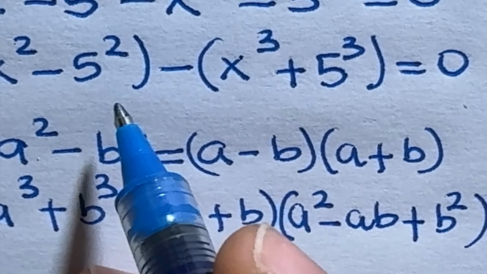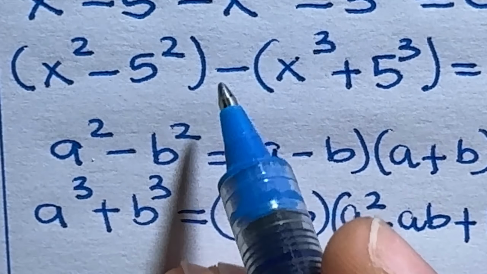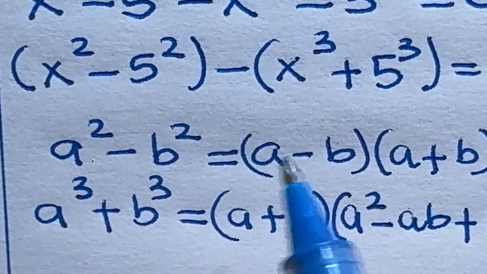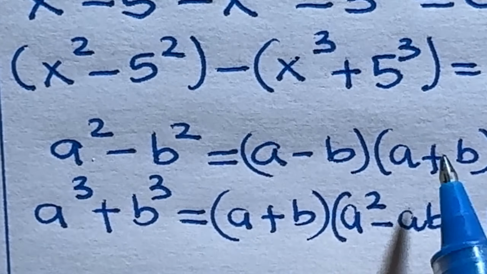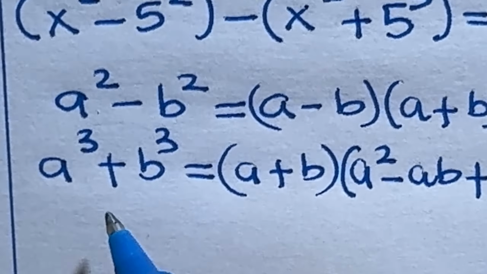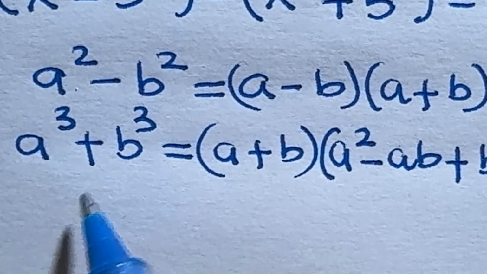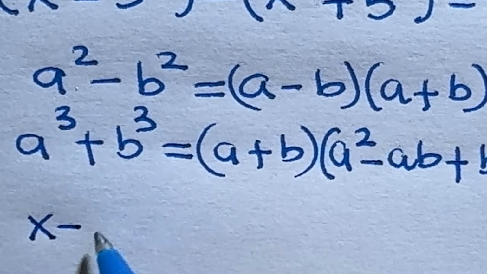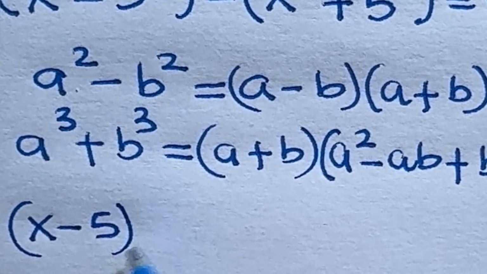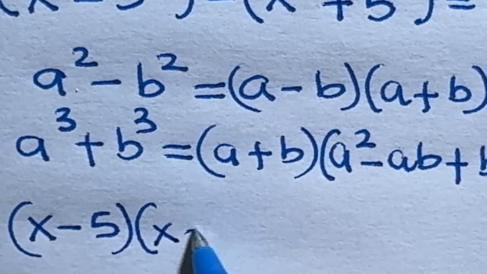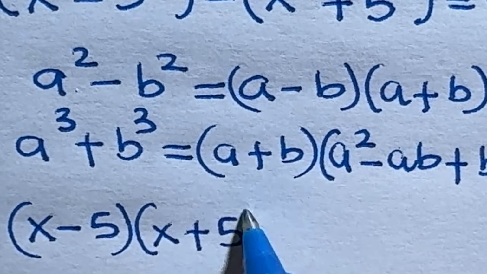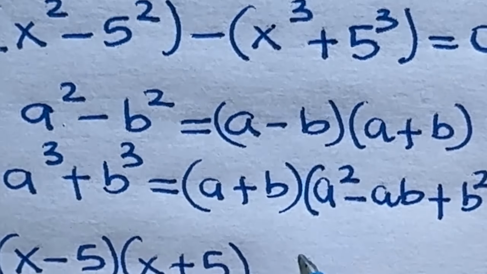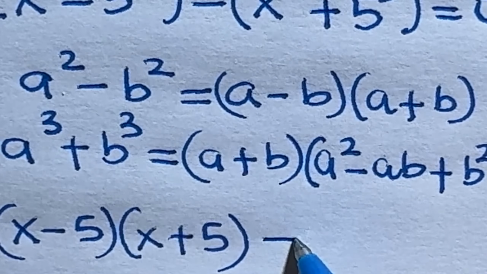So let's go ahead and individually substitute this. So for x squared minus 5 squared, I'm replacing with something that looks like this, which will now be x minus 5, x plus 5, then minus.